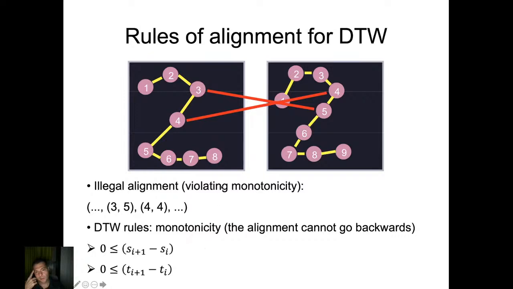This is not allowed. So in order to ensure that the alignment is monotonous, we impose this rule: for two consecutive pairs, the difference has to be higher or equal to 1 between the components. Here 4 is higher or equal to 3, but 4 is not higher or equal to 5. So this violates the monotonicity.